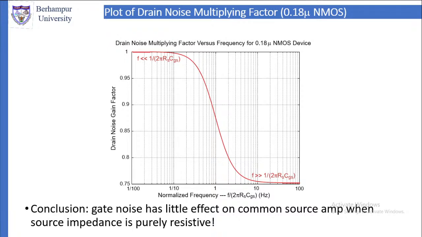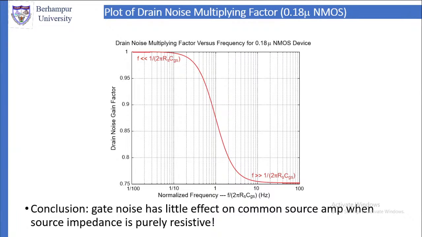If you look at this figure, it is like an inverted S. It starts at a high value, drain noise gain factor is 1, then gradually it follows this curve and drops to 0.75.